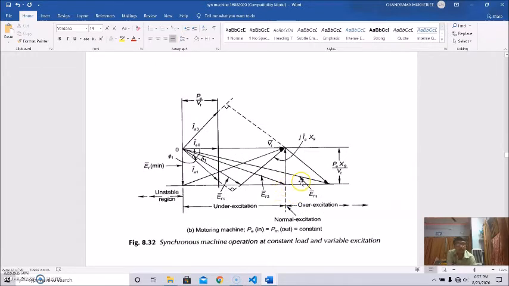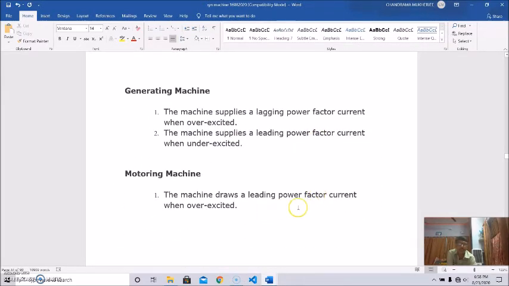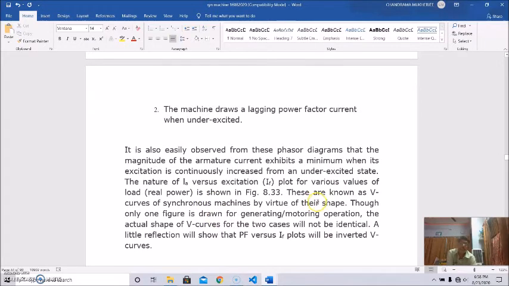So overexcited, that is leading power factor, and underexcited, that is lagging power factor. It is easily observed from these phasor diagrams that the magnitude of the armature current exhibits a minimum when the excitation is continuously increased from an underexcited state.